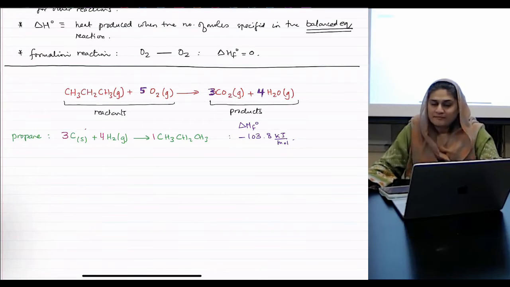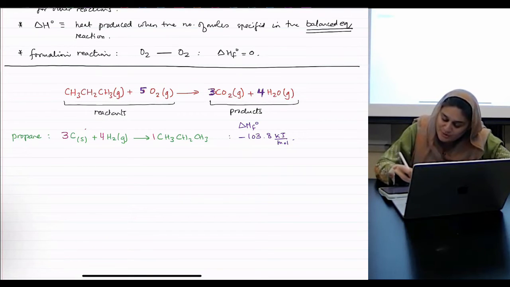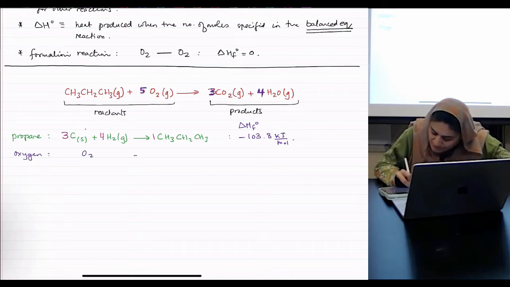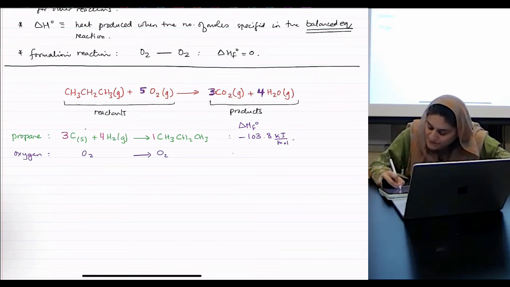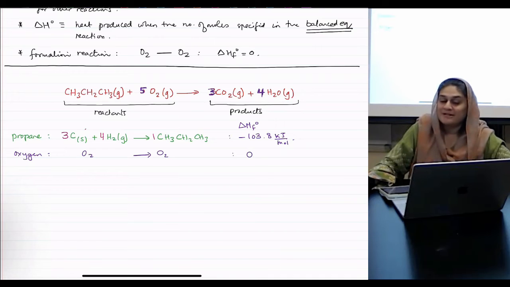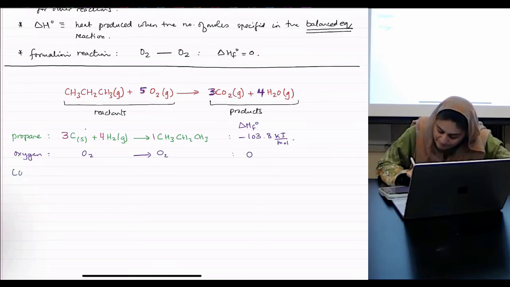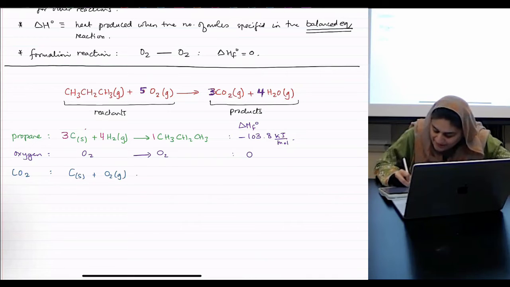Suppose I knew that. And I have another textbook that tells me the formation of oxygen is O2 goes to O2, both gases. The formation reaction delta H is 0. Now for carbon dioxide, I know carbon in the solid state plus O2 in the gas state gives me carbon dioxide in the gas state.